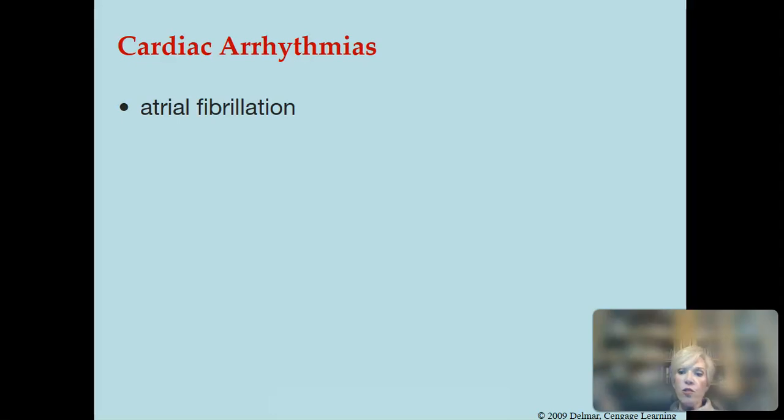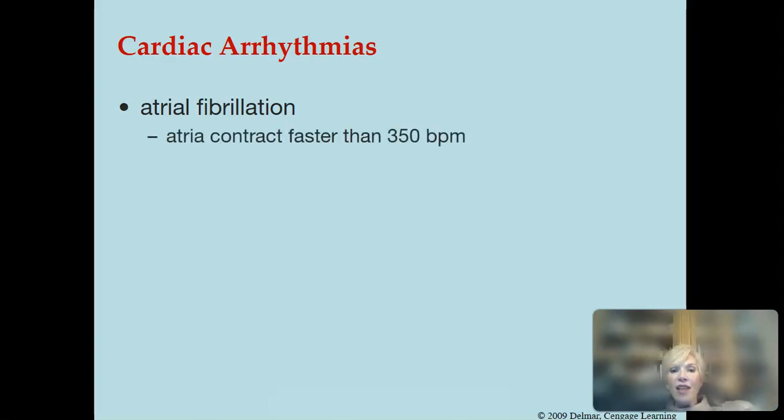And atrial fibrillation is not necessarily lethal, okay? A ventricular fibrillation can be lethal. But the atrium is just quivering. So these are the chambers at the top of the heart that are just quivering, and they are contracting at faster than 350 beats per minute.